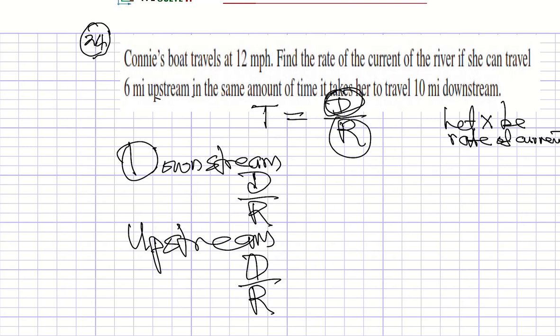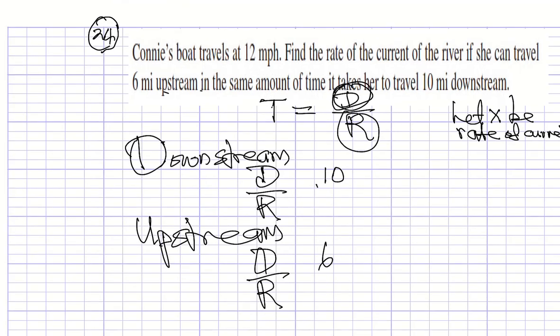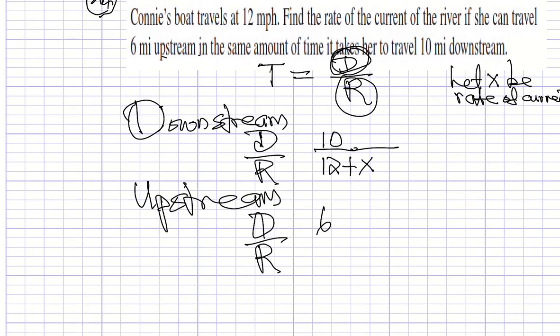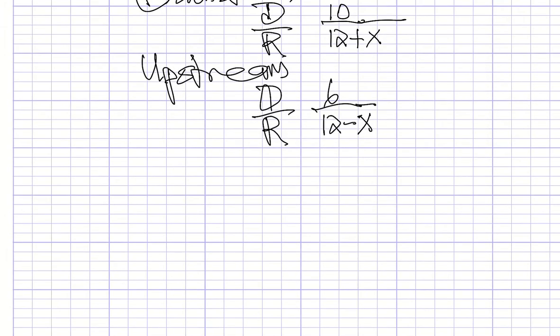We have distance traveled. Distance traveled is 10 for downstream. Distance traveled for upstream is 6. All right. So the rate here has to be 12 for Connie's boat plus x downstream, helping to push it downstream. But over here the rate is 12 minus that. But those two are equal.